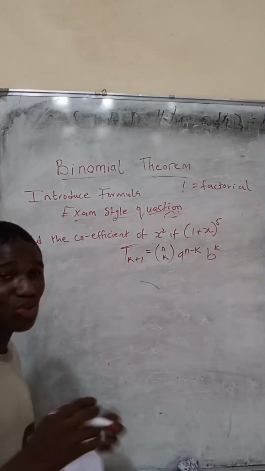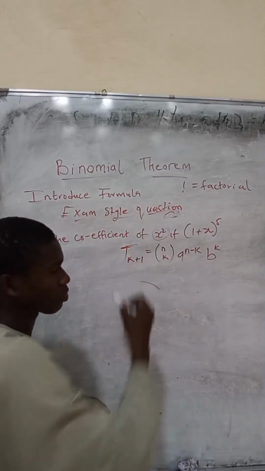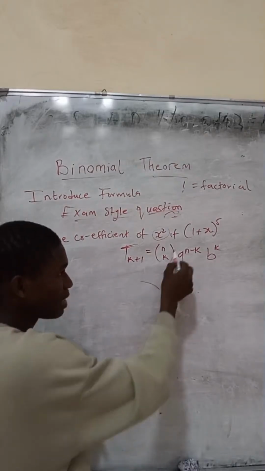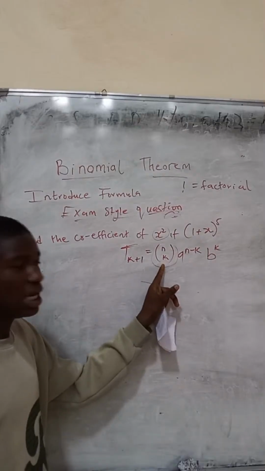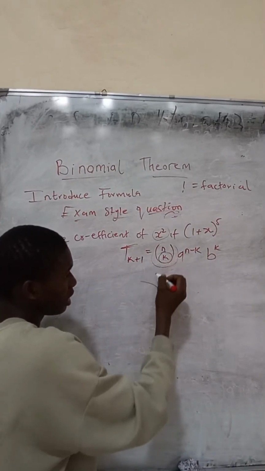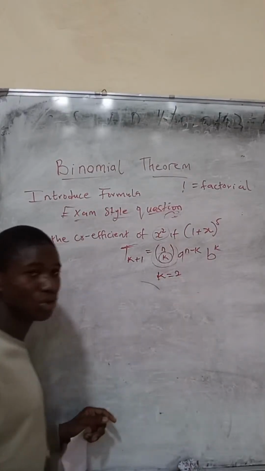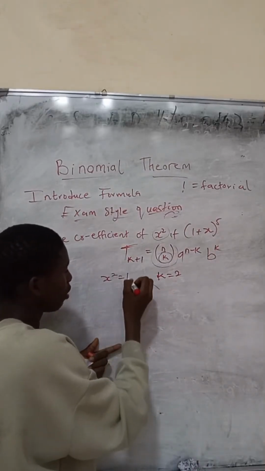So now, since we are asked to find the coefficient of x squared, if you remember what I told you, this part is mainly the coefficient. So since they say we should find the coefficient of x squared, it simply means that our k is going to be 2.